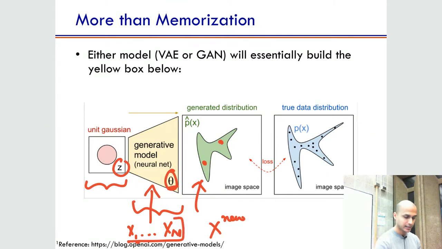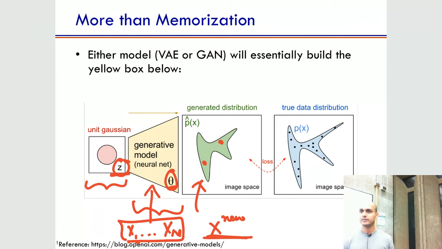So x new is just a deterministic function of z, but hopefully x new is very similar to the data set I had. If the data set was a bunch of images of houses, then hopefully x new is going to be an image of a house.